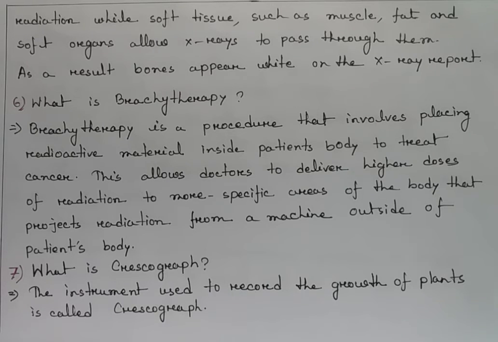So for detecting that, Sir Acharya Jagadish Chandra Bose invented this instrument that is called crescograph, and through it we can record the growth of plants.